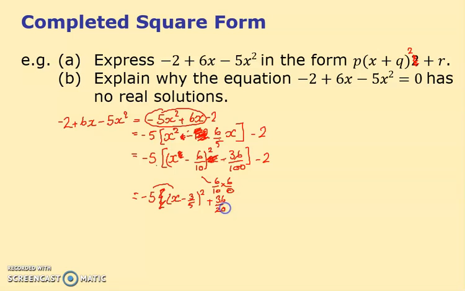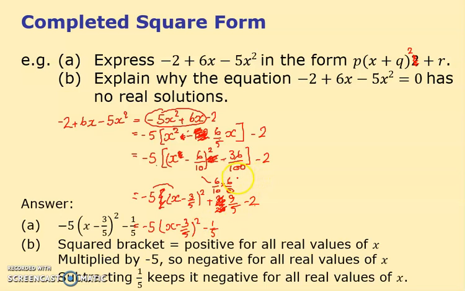Which is the same as 18 over 10. 9 over 5. Getting a bit messy this last example. And don't forget my minus 2. So that equals minus 5 lots of x minus 3/5 all squared. That's like 10/5. That's 9/5. I think minus a fifth.